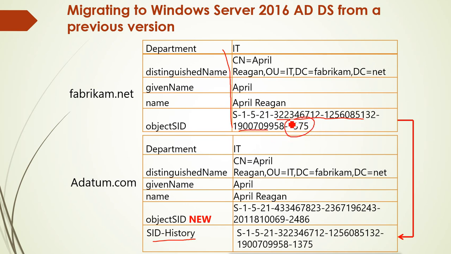Now when it moves to the other domain, this information will be updated and it will get the new SID. The base SID will change based on the domain, but it will still have the old SID, the SID history.